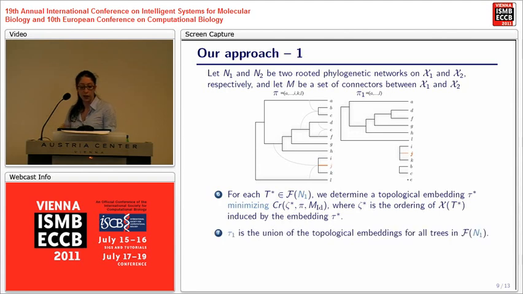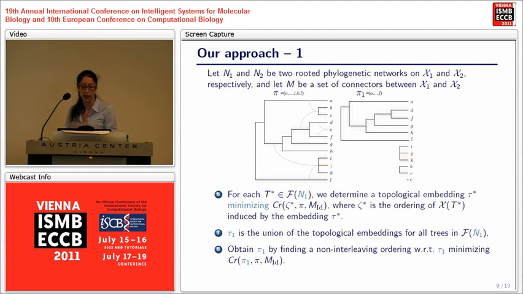Then we take all these topological embeddings for each tree inside, and this is what we call tau 1. And then we find the non-interleaving ordering that is again minimizing this number, which I don't have the time to explain, but again we are trying to be as much in accord with pi.